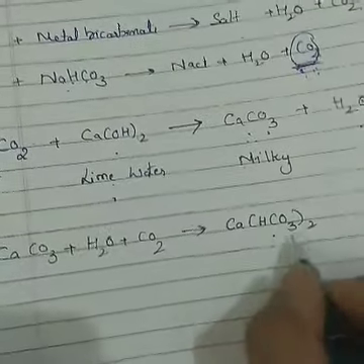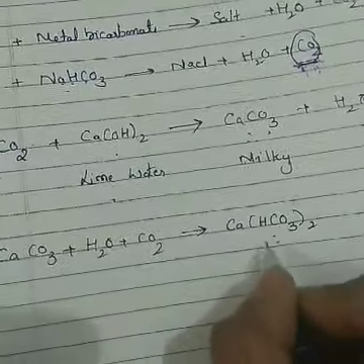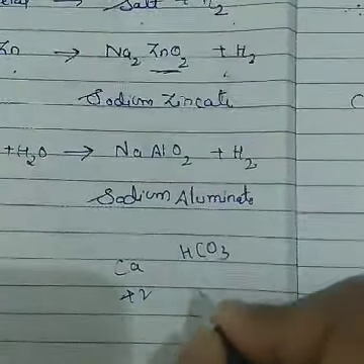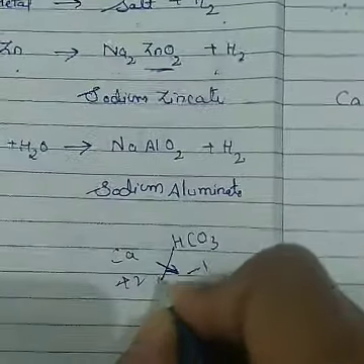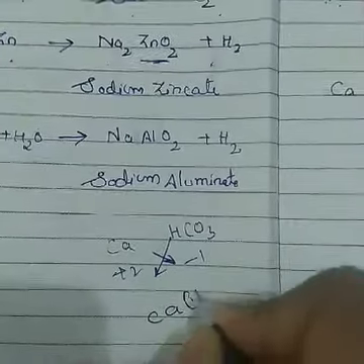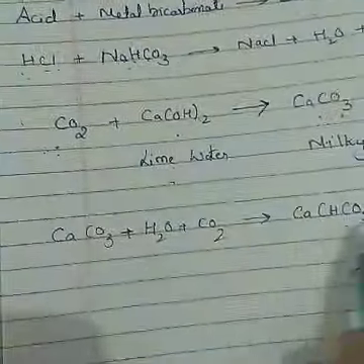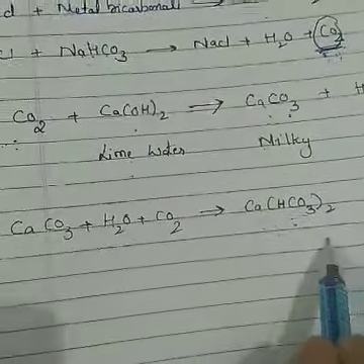Calcium bicarbonate, and you know how calcium bicarbonate is formed. See, the valency of calcium is 2 plus and bicarbonate valency is minus 1. Crisscross: Ca(HCO3)2. So milkiness disappears due to the formation of calcium bicarbonate.